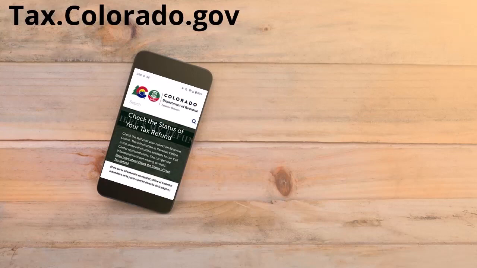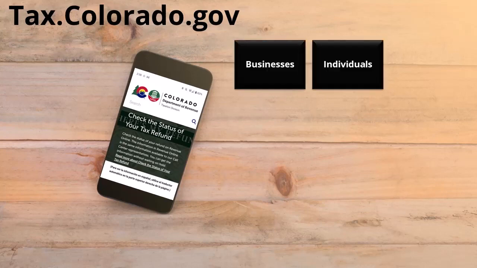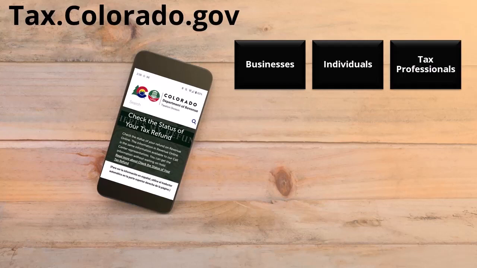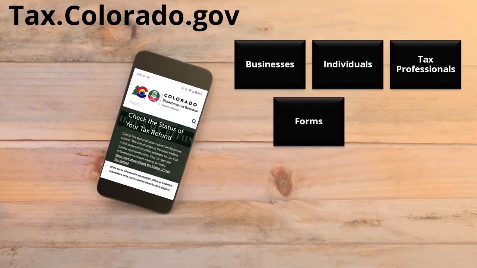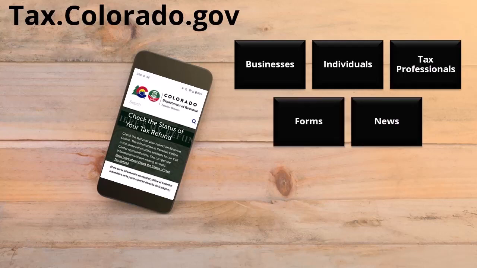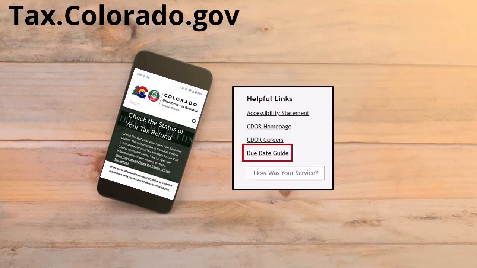The department's website address is Tax.Colorado.gov. On our website, you can find information for businesses, individuals, tax professionals, forms by tax type or number, and the latest news. You can also easily access the Colorado State Tax and Fee Due Date Guide directly from our homepage.